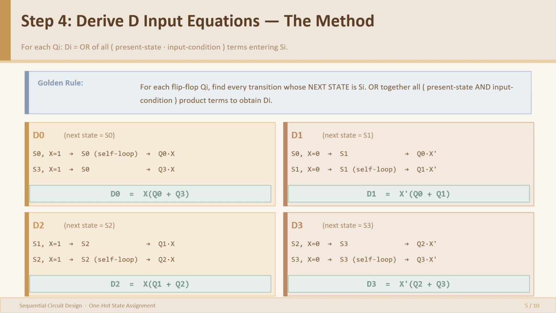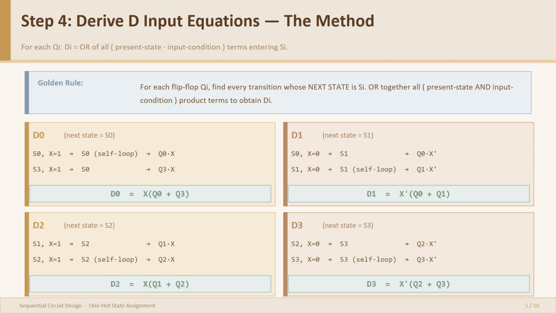D1: every transition whose destination is S1. From S0, when X equals 0, Q0 times X prime. From S1 itself, when X equals 0, Q1 times X prime.